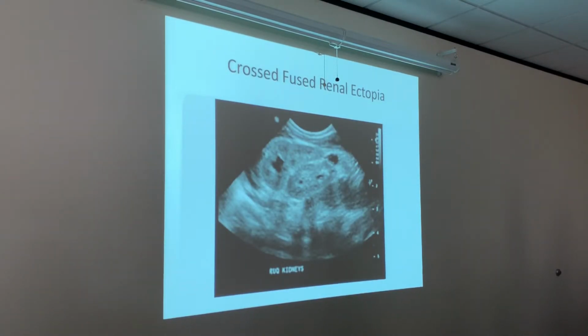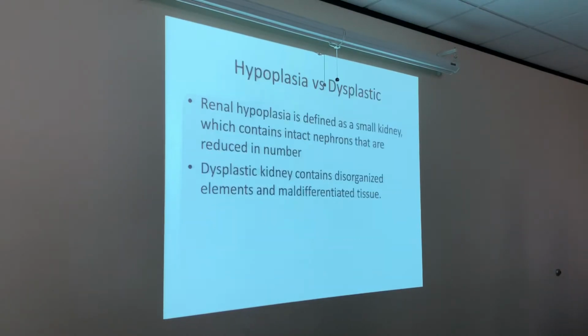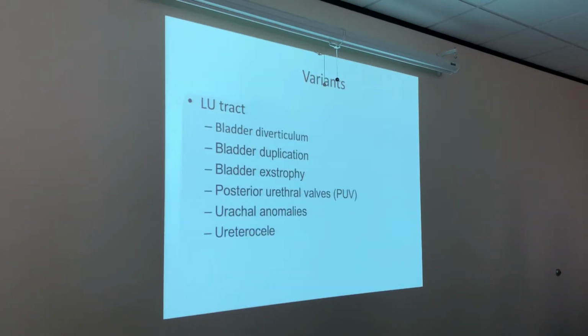So cross-fused ectopia is where you have two kidneys on one side, but the ureters cross over. Okay, so the ureter is still going to be on the left side and going into the bladder, posterior, inferior at the trigone.